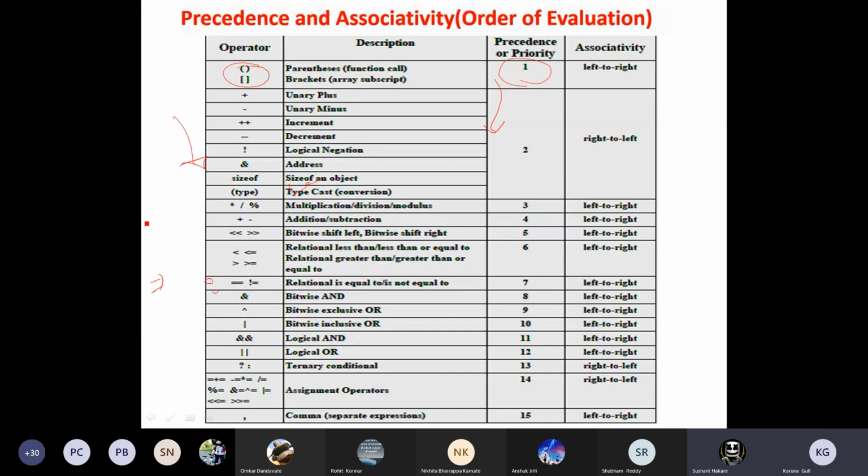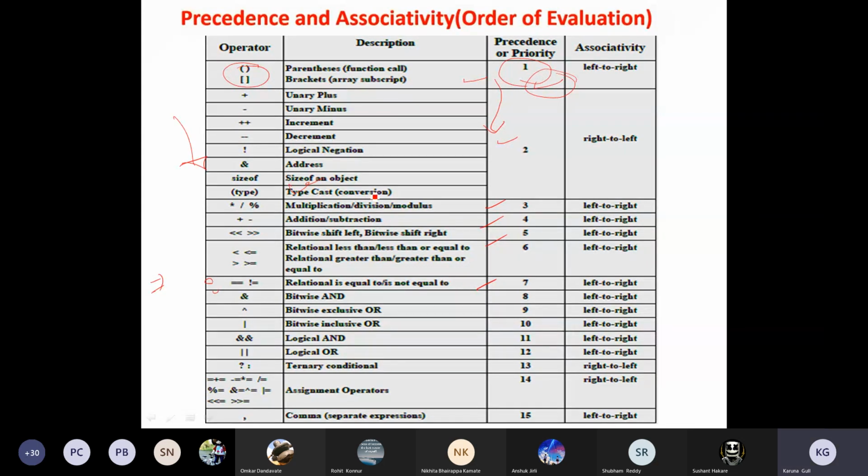By applying BODMAS rule, ma'am. Like that only. I said only DMAS and didn't mention the parentheses and the other part. So here also it adopts the same kind of approach. For every operator it assigns priorities, and the highest priority operator will be evaluated first.